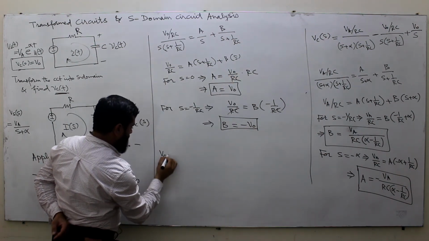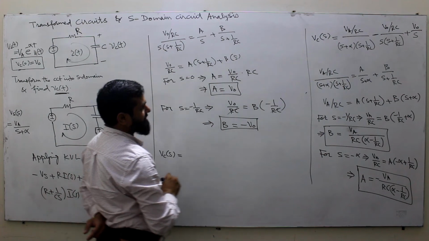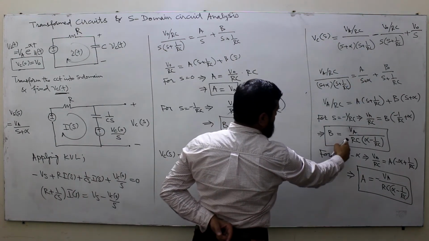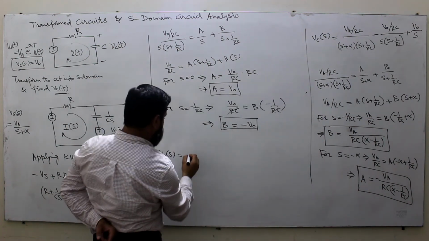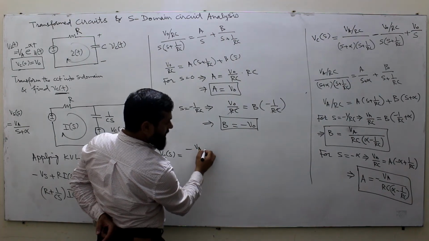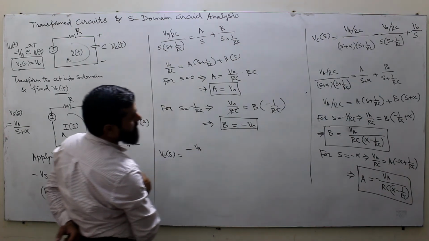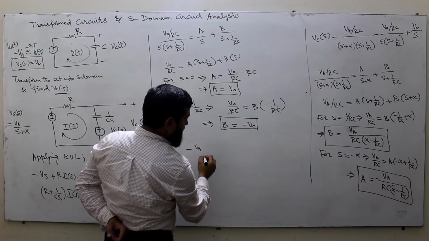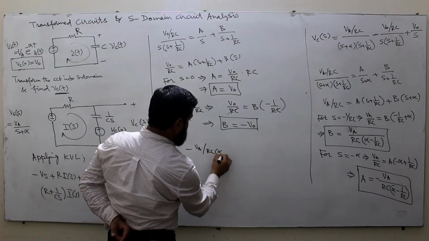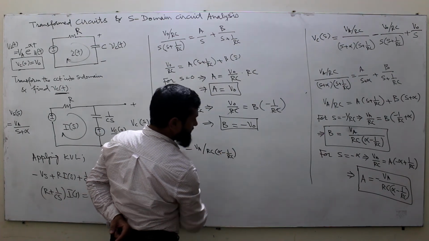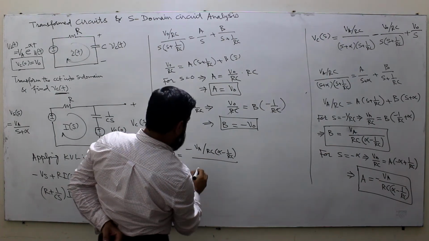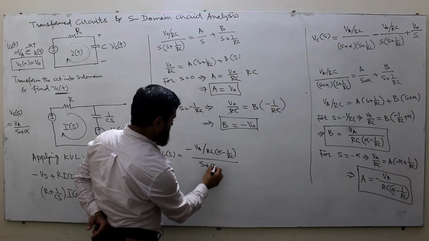VC of S is equal to, first we will write this one, A, and the value of A is given there, minus VA divided by RC into alpha minus 1 over RC divided by S plus alpha.